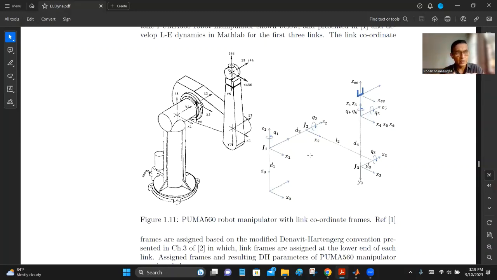And this is what Craig used in his book, Introduction to Robotics, the book by J.J. Craig. The frame is assigned at the beginning of the link. And also that is the coordinate frame used by Professor Khatib at Stanford for many decades. So particularly for dynamics, the modified DH table is a bit more convenient, okay?